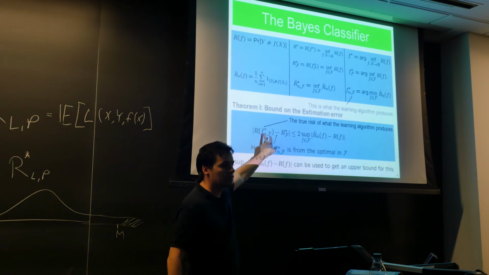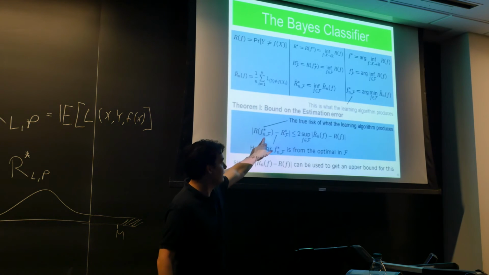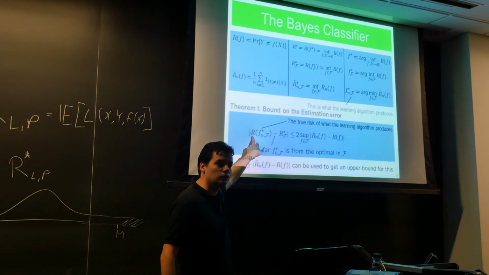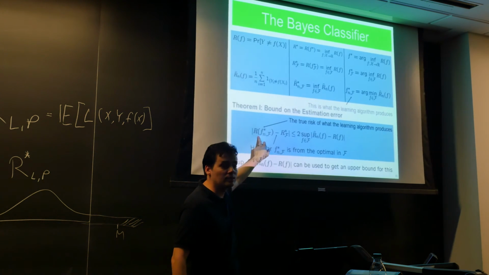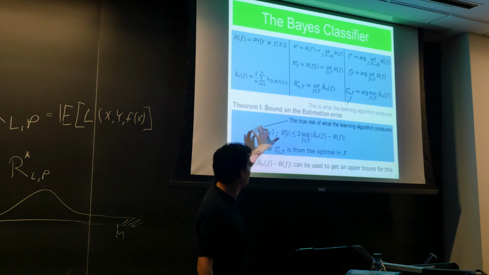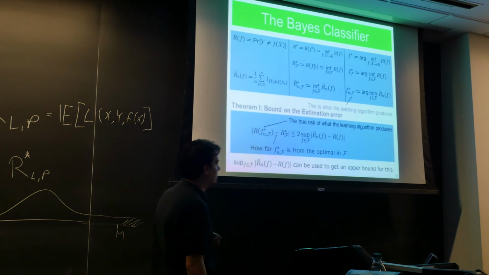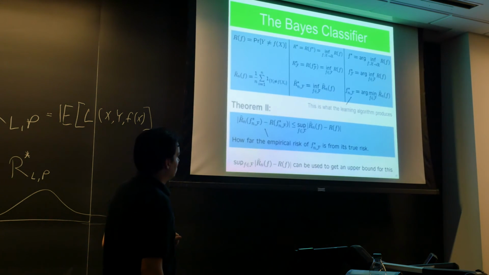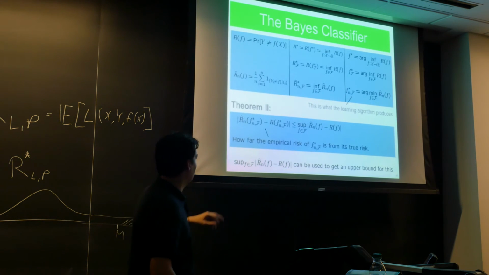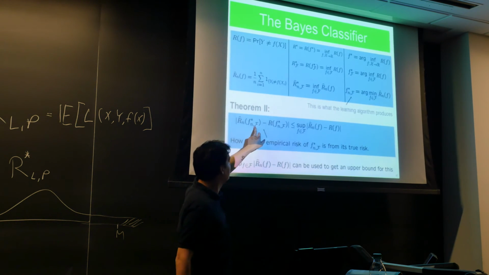So why do I care about this? My algorithm produces a function, f star n f. I want to know how far its true risk is from the best possible risk in this function class f. And it turns out that I can bound this quantity with this expression here. Okay, and there's another theorem that we need. Again, my algorithm produces f star n f, the empirical risk minimizer.